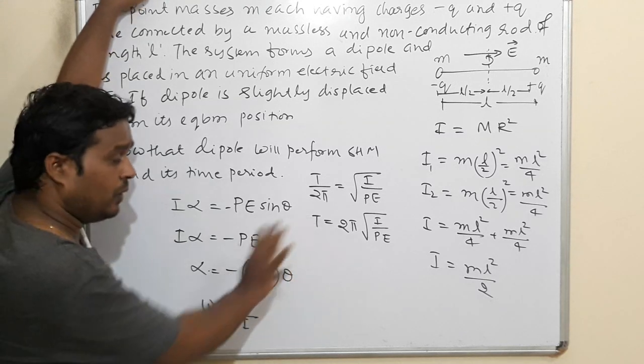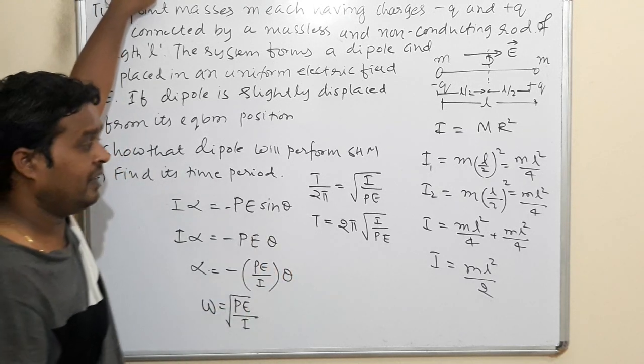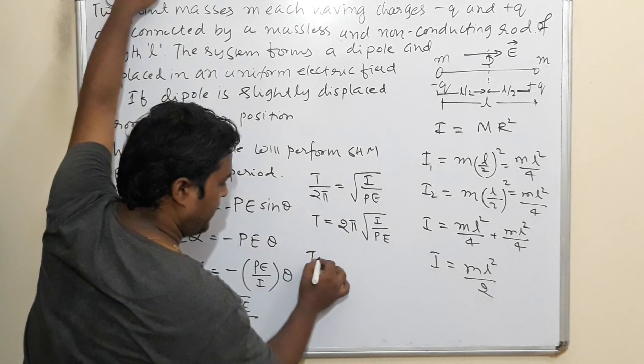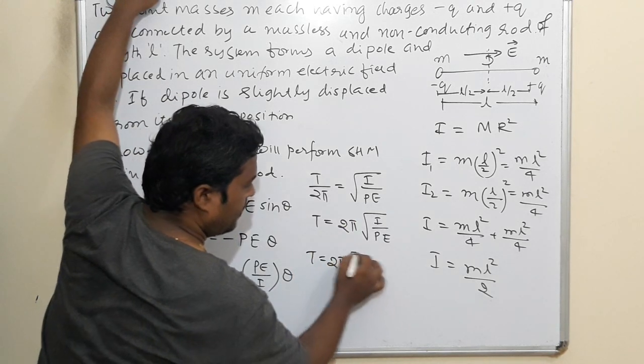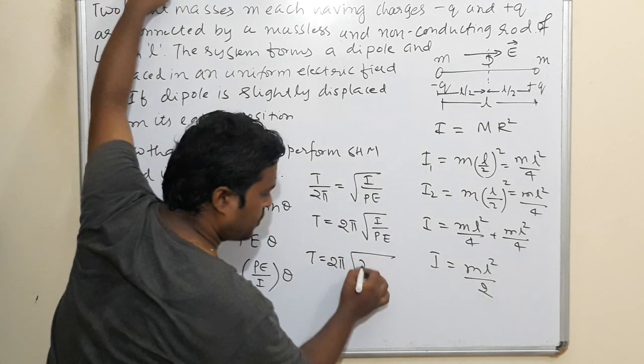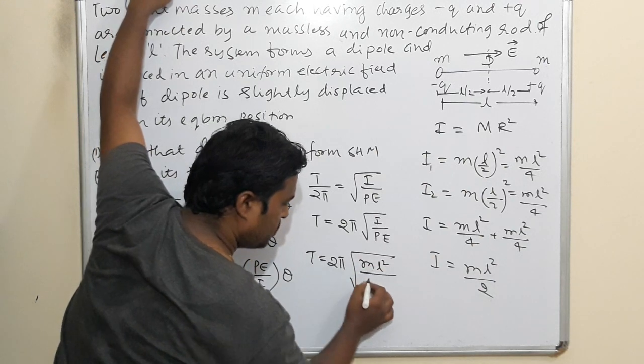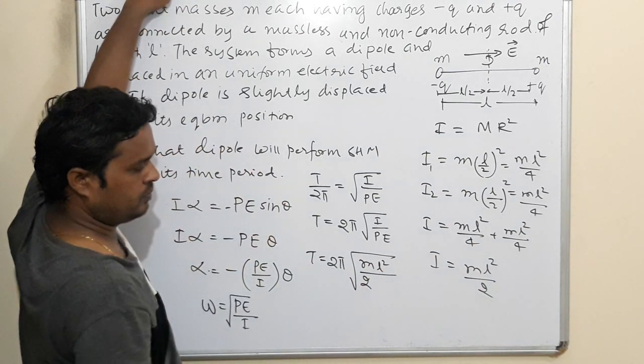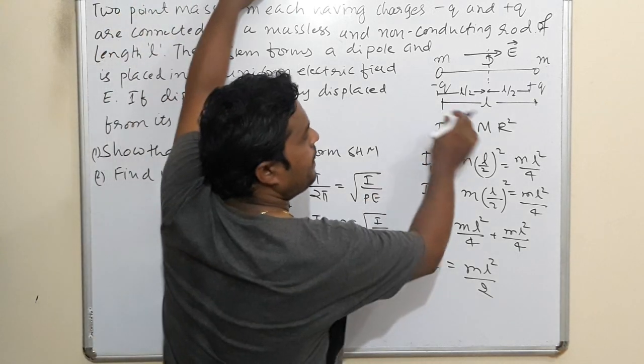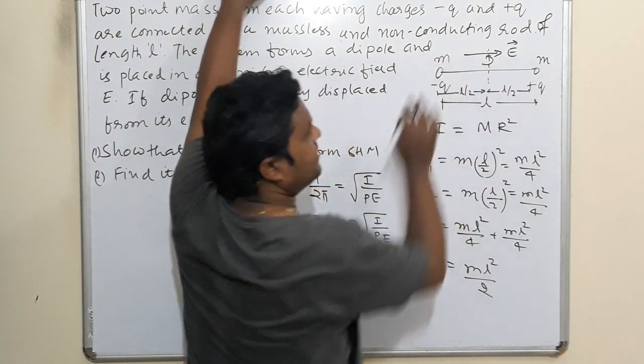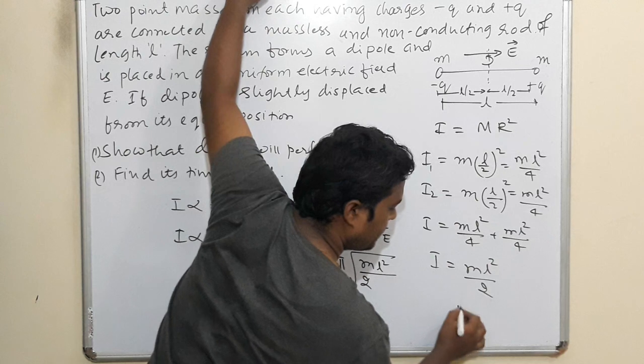In the last example we calculated the same. Here T is equal to 2 pi, and in place of I I should put ml square by 2. In place of P, see, the total length is L, charge is Q. What is dipole moment?